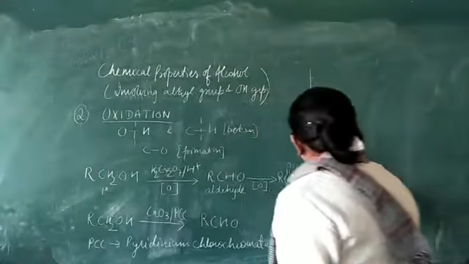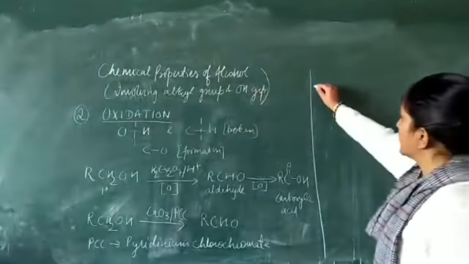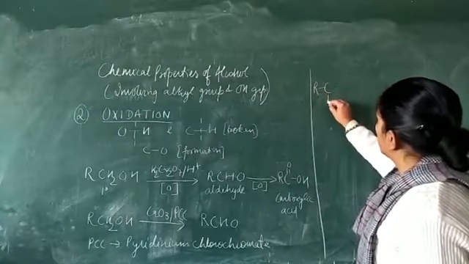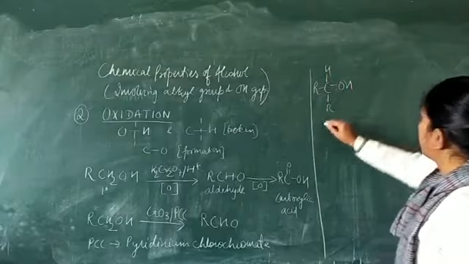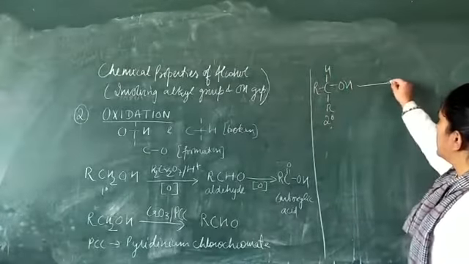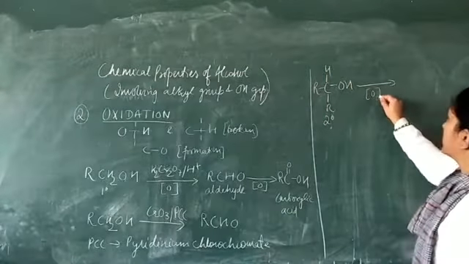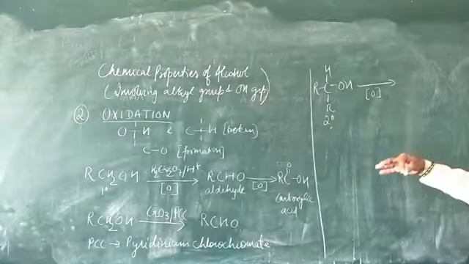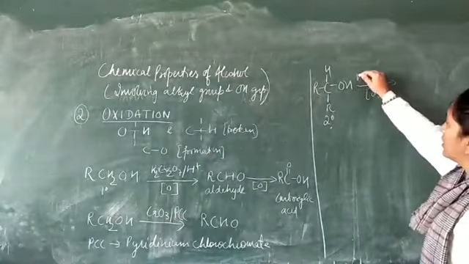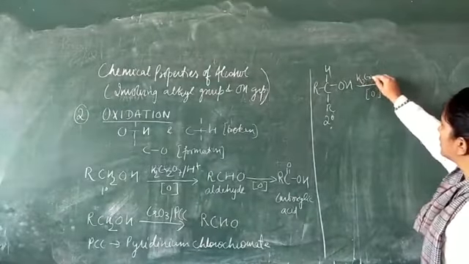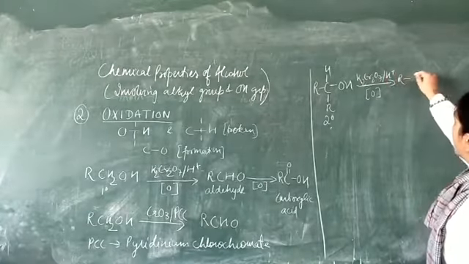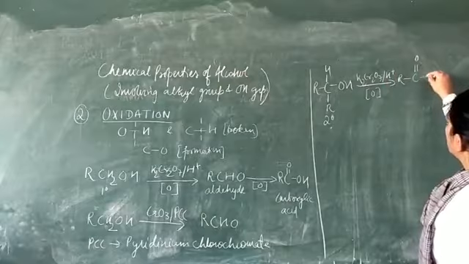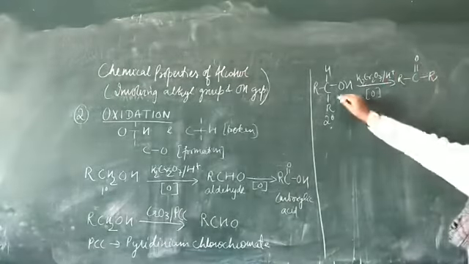Now, next, if we have a secondary alcohol, then on oxidation with the oxidizing agent we will get a ketone formed.